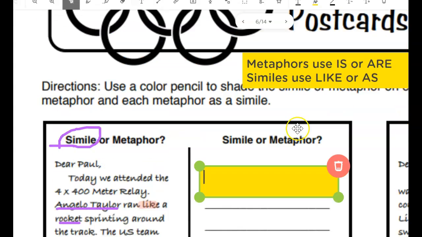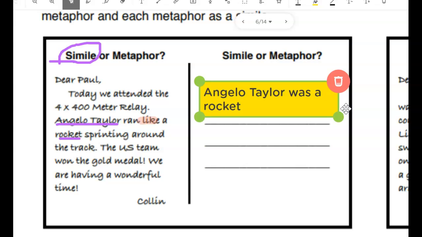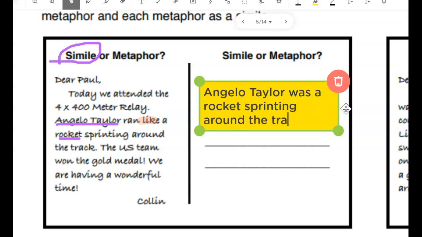So instead of using like, I can use is or are. So type this out along with me. Angelo Taylor was a rocket, sprinting around the track.